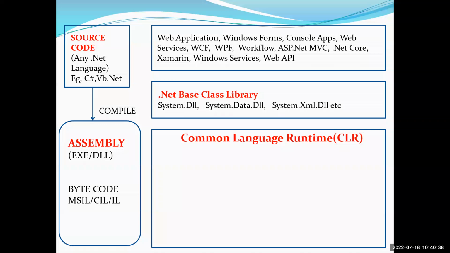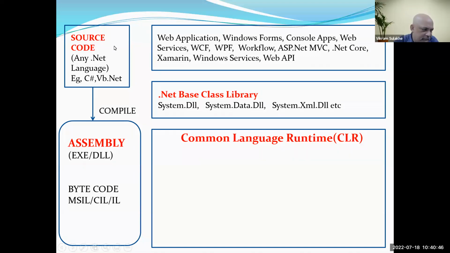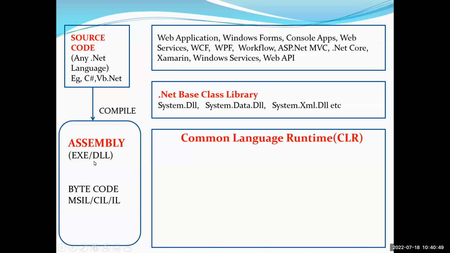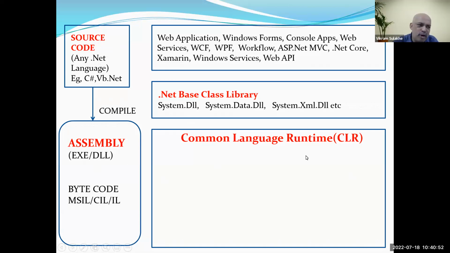Because source code can be written in multiple languages, irrespective of which language you write code in, on compilation you're getting IL, and the runtime for this is the same. So you don't have a different runtime for C# and a different runtime for VB.NET. The runtime environment is exactly the same, which is why Common Language Runtime. Now the CLR performs multiple functions. So we're going to first have a look at what are the different functions of the CLR.